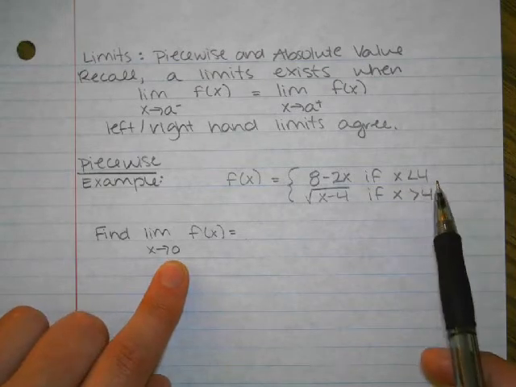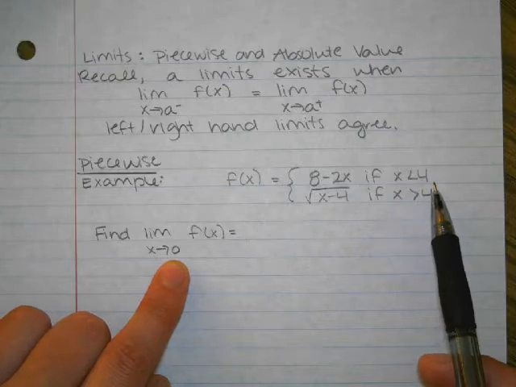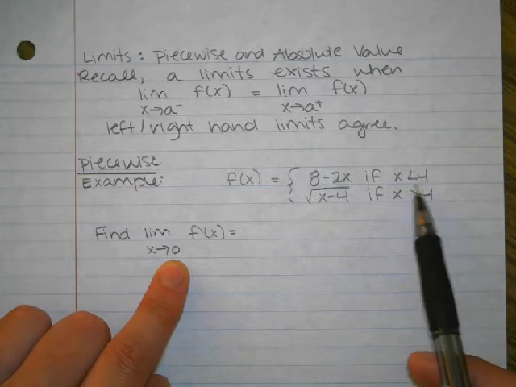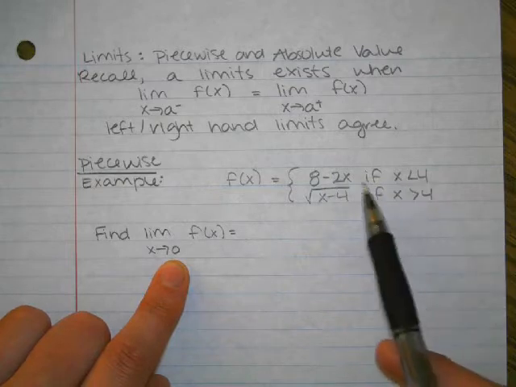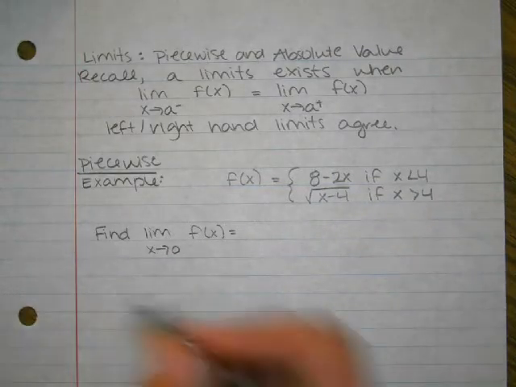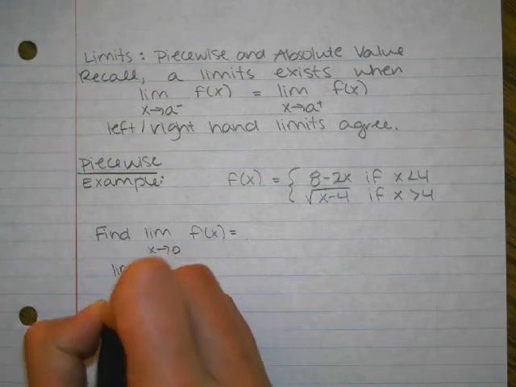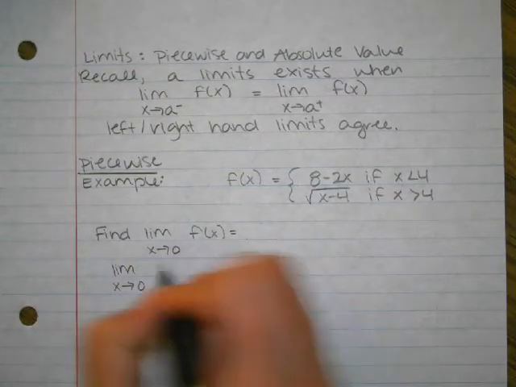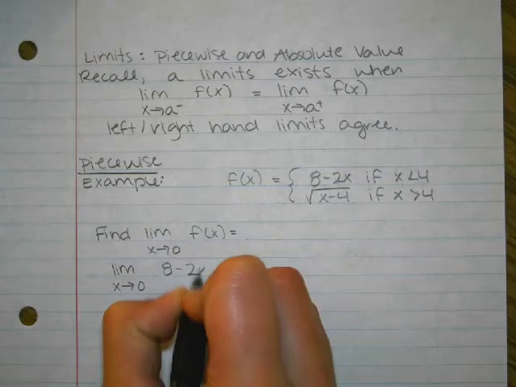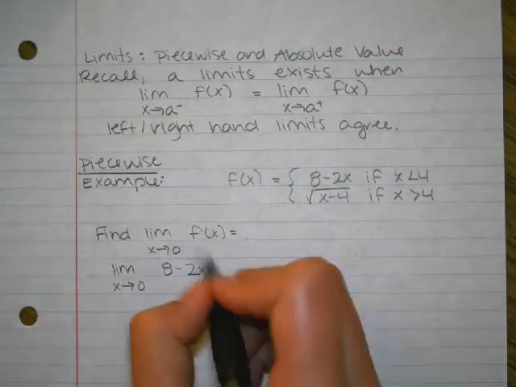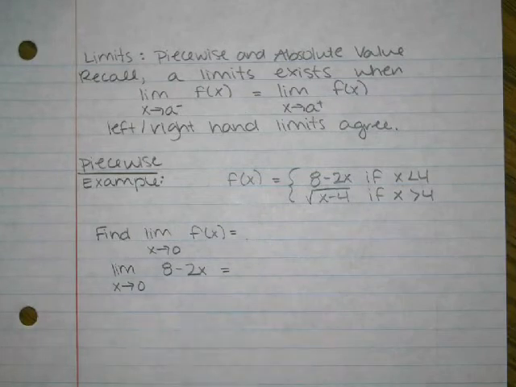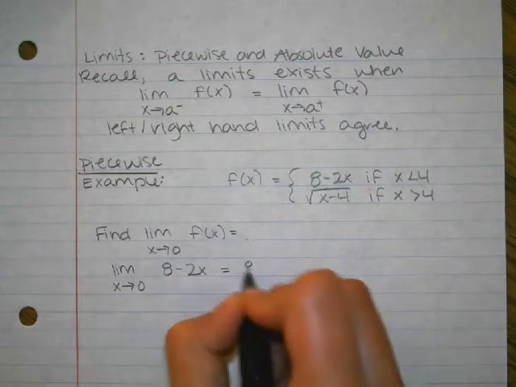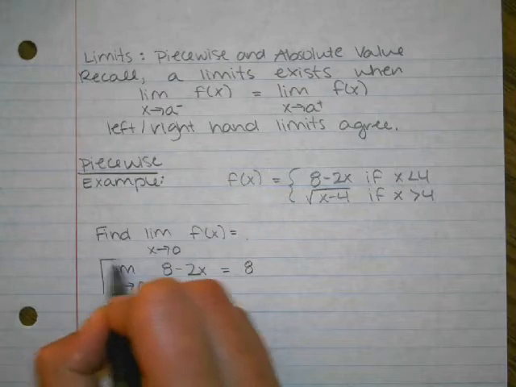So since 0 shows up, I have to figure out which piece I'm going to use to plug it into. And 0 is defined for the first equation. 0 is less than 4. It's defined there. So that's where I'm going to use it. I'm going to say the limit as x approaches 0 of the first piece of the function, because that's where I can plug it in, should be 8 minus 2 times 0, which is 8 minus 0. So the answer is 8.